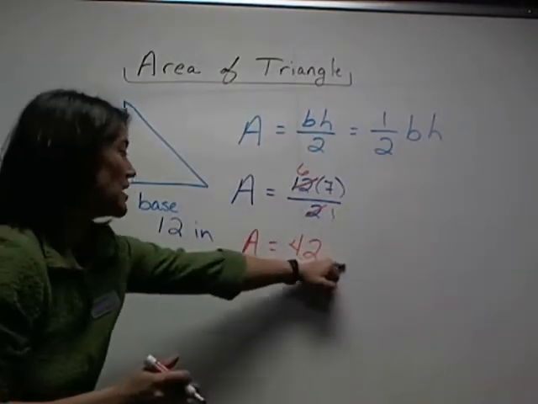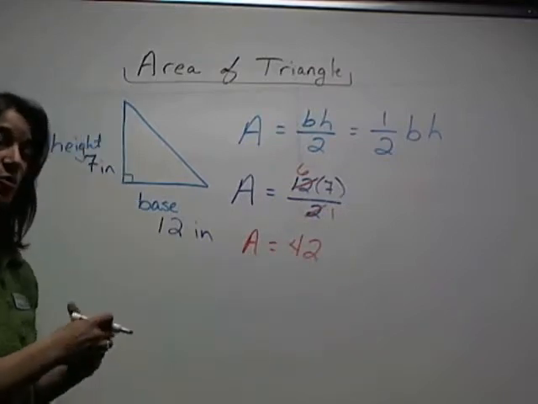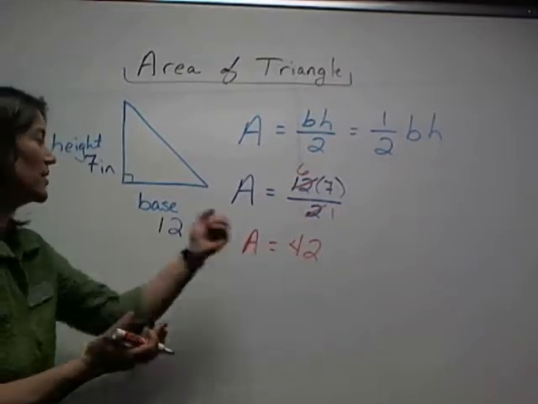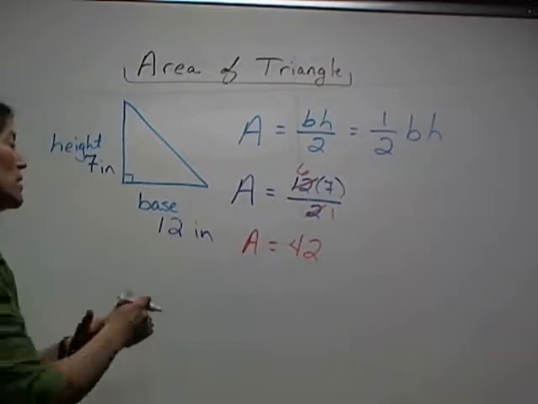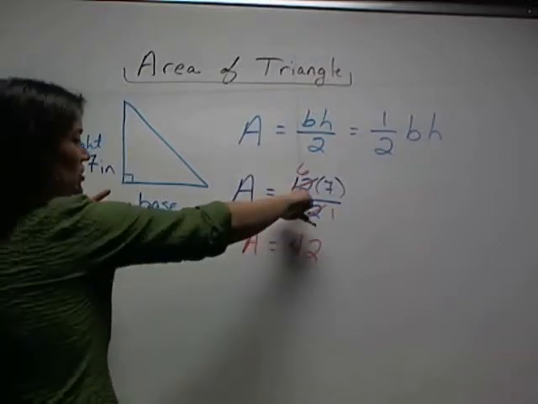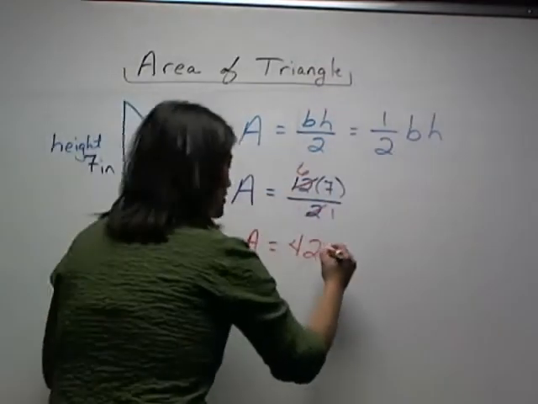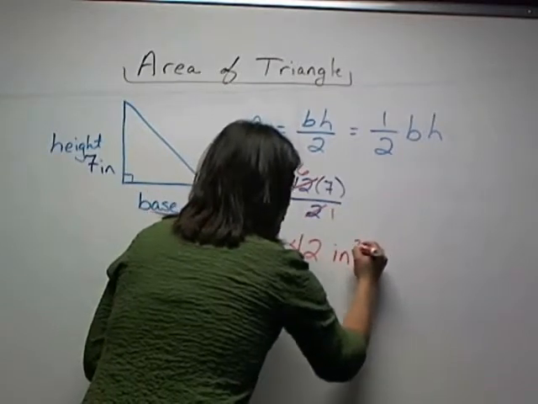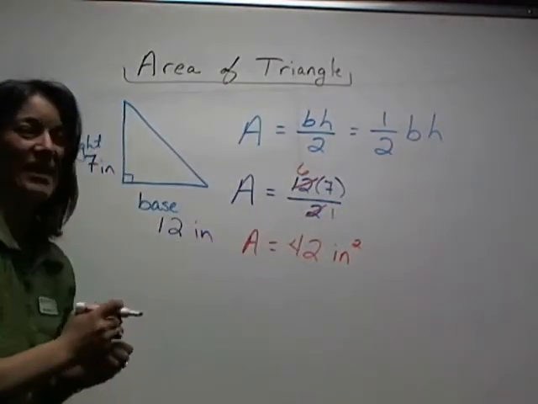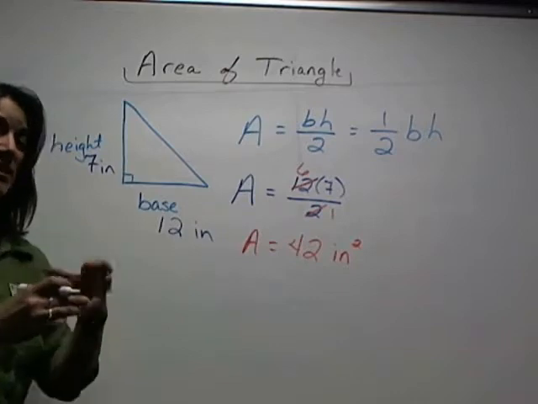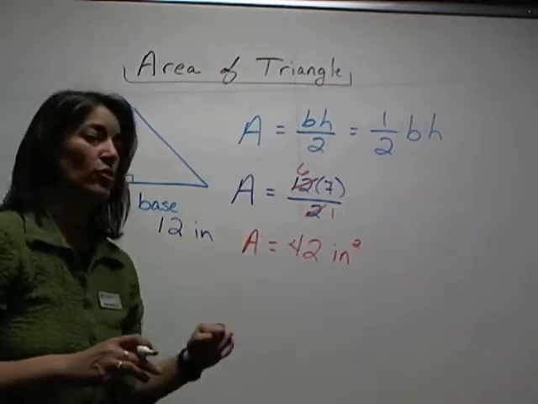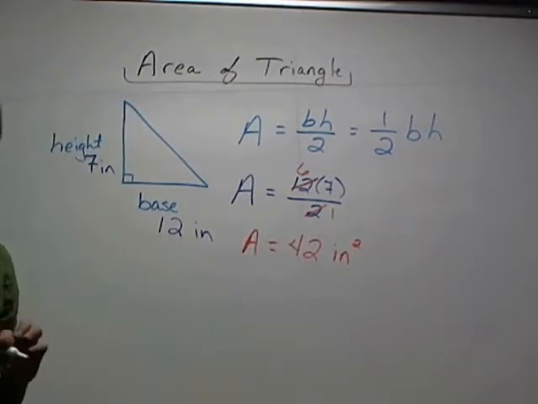Now I need to say what that label is. If I don't label it, it's not right because I don't know what 42 means. Because it was inches times inches, it would be inches squared. So we put the square on the inches because the label of inches is being squared, not my number. This is not 42 times 42.